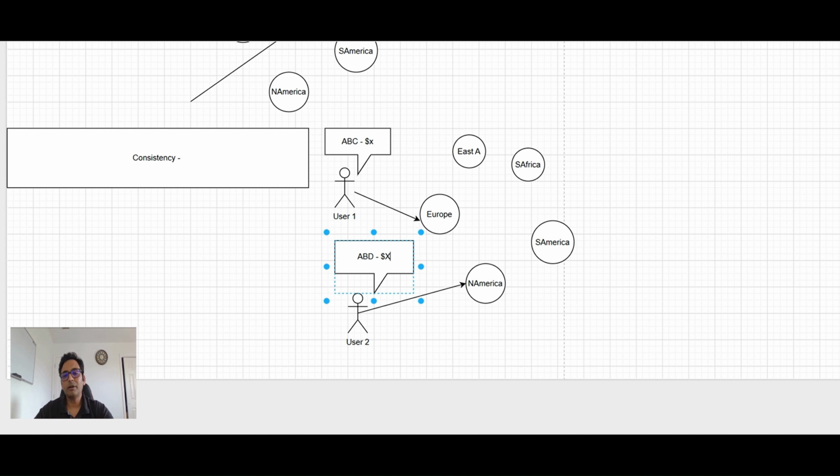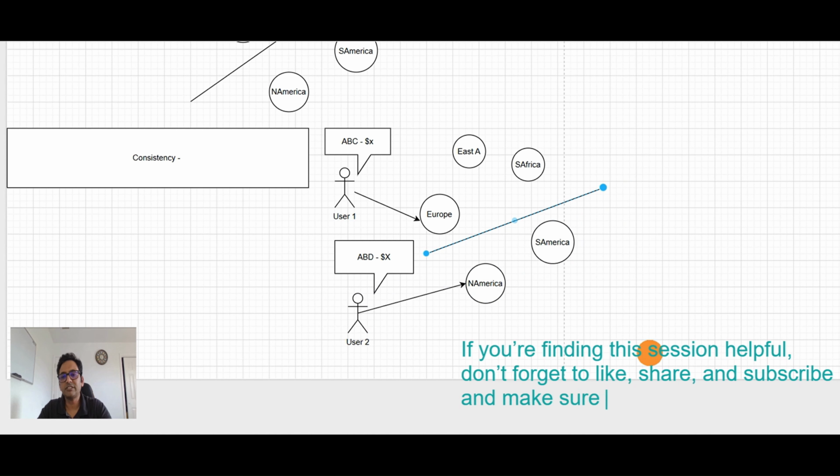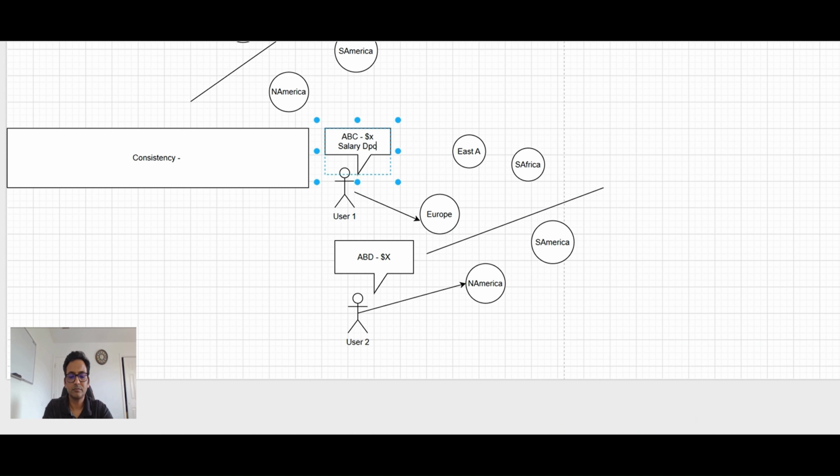But now think of a scenario where a network outage happens. Due to the outage, the South Africa and North America servers cannot talk to the rest of the servers. Now in the account of user 1, a transaction comes to deposit a salary of Y dollars.